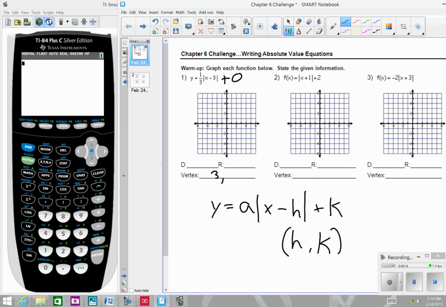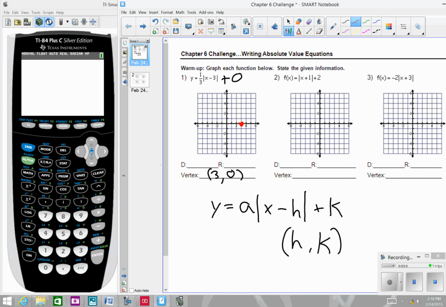So our k value in this case would be 0. So our vertex for this function would be 3 comma 0, and if I plot that point, it will look like 1, 2, 3, right there. That is our vertex. That's where our graph is going to come to a V.